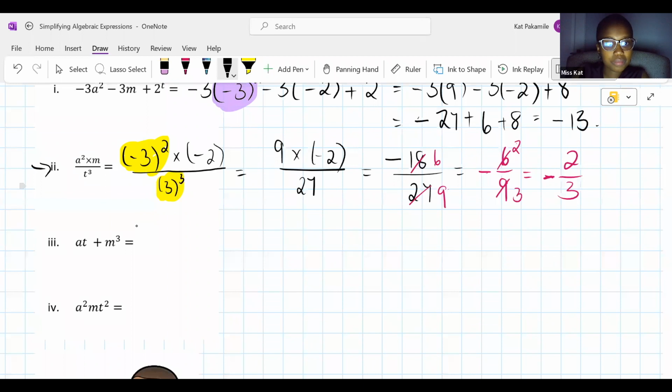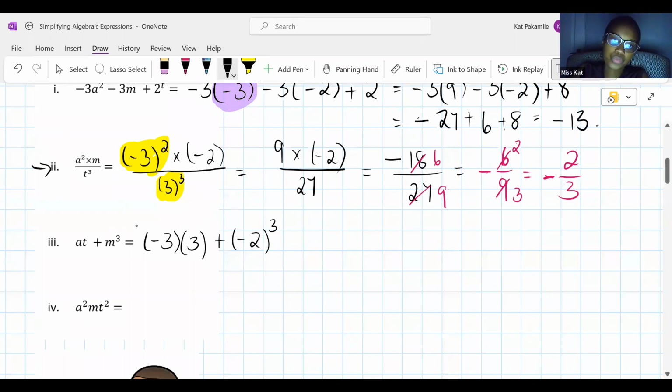So in the place of A, you're going to put, ma'am, is it -3? Mm-hmm. In brackets, and then you're going to open another bracket and put +3 because T is equal to 3, and then plus open bracket M is equal to -2 cubed.